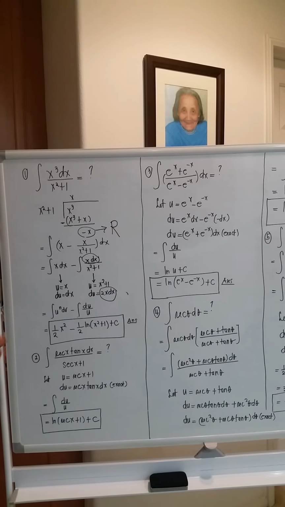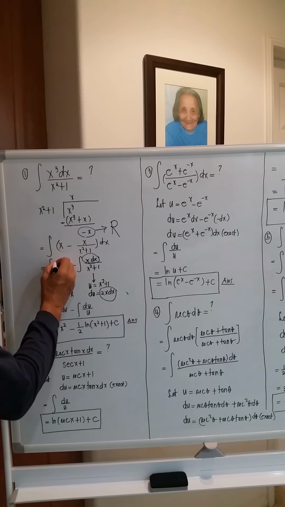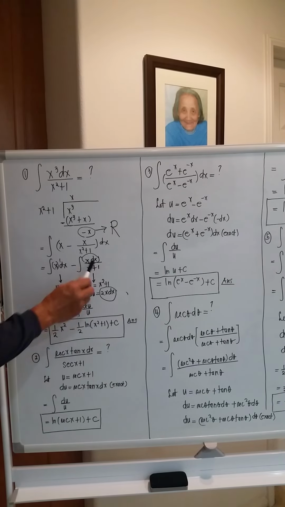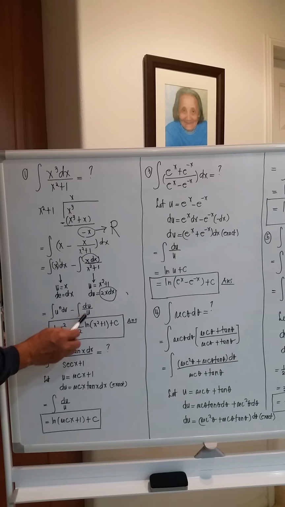And for the first one, I think this falls under the power formula. The integral of this is actually x to the first. It falls under the power formula, the integral of u to the n du. The second one falls under the integral of du over u.